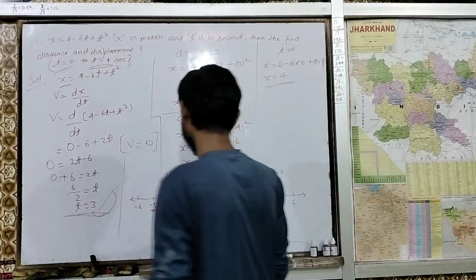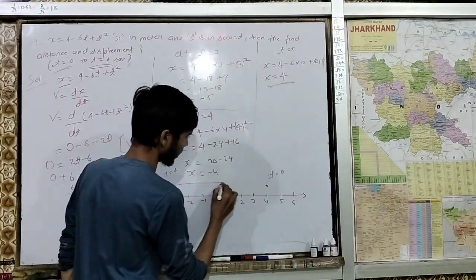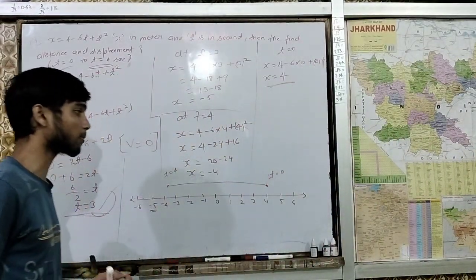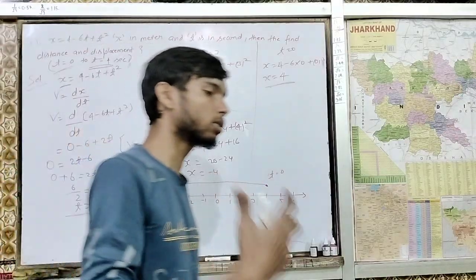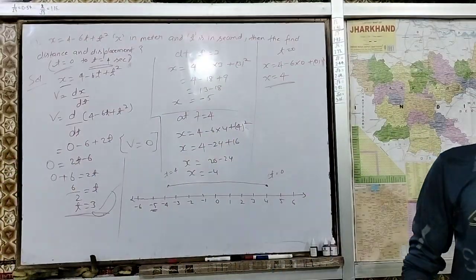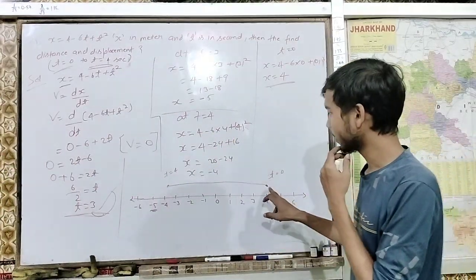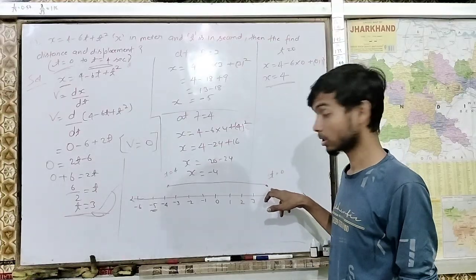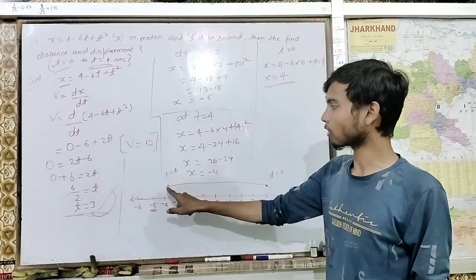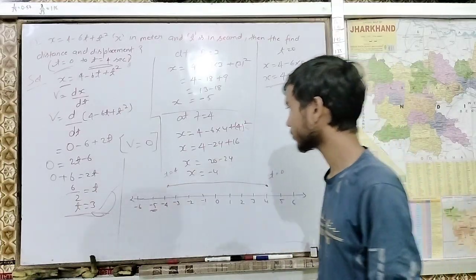You can easily see this is nothing but just a displacement, and it is also distance. Where initial position is over here and final position is over here.